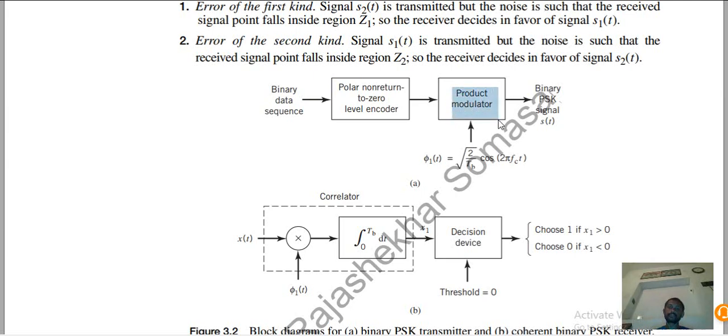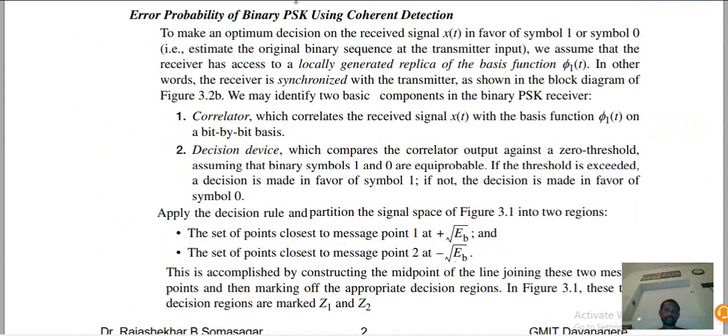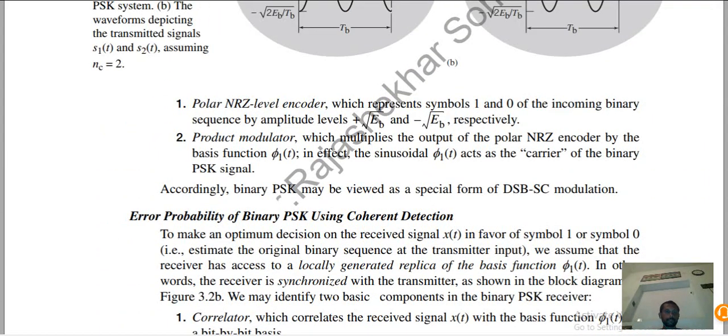The product modulator multiplies the output of the polar non-return to zero encoder by the basis function phi 1 of t, giving the binary PSK signal.